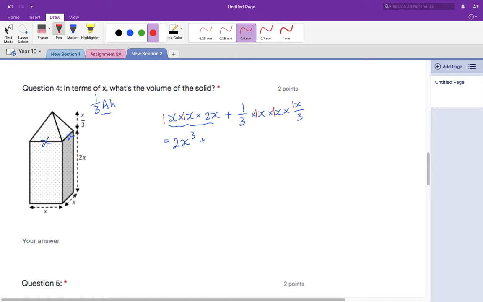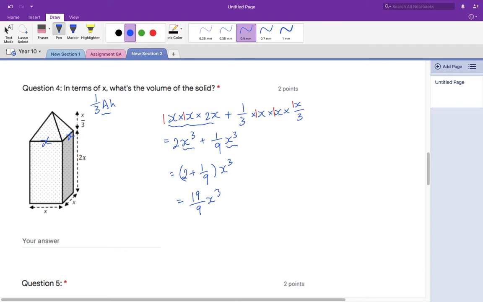Whenever there's not a number in front of x, that means there's an invisible 1. So you do a third times a third, which is 1 over 9, x cubed. Now x cubed is the like term, so you can combine the numbers: 2 plus 1 over 9, x cubed. That's 19 over 9 x cubed in total.